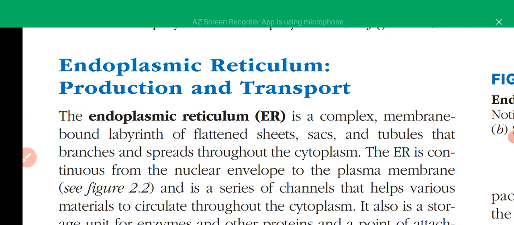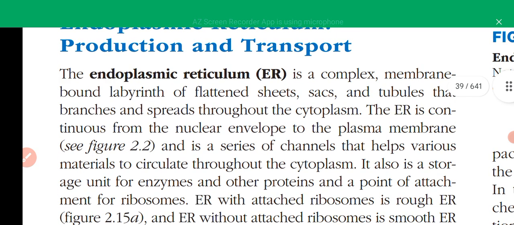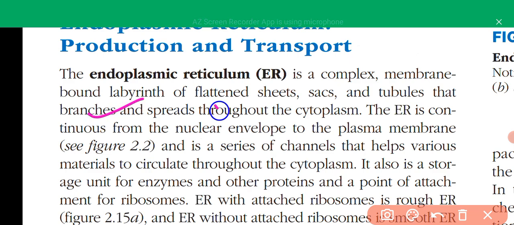Then there is the endoplasmic reticulum. It is a network of tubules inside the cell, a labyrinth of flattened sheets that branch and separate throughout the cytoplasm. It is such a great organelle that it can be found from the nucleus to the plasma membrane and occupies the major portion of the cytoplasm.